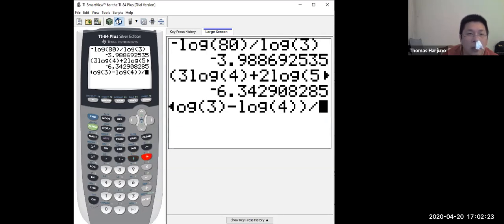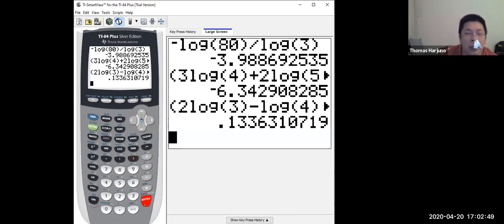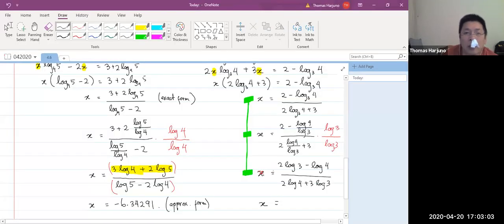Now divide it by the group of the denominator, that's why I start with divided by that parenthesis: 2 log 4, close parenthesis, plus 3 log 3, close parenthesis for the denominator. Enter. That's 0.13363.